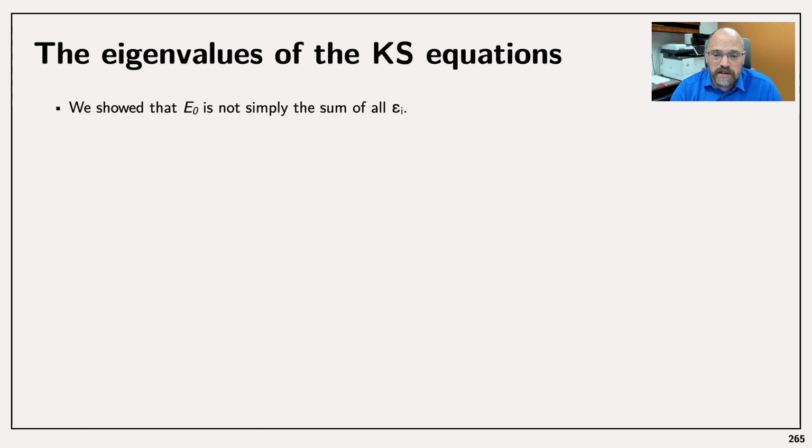You would need to go back to a previous slide, one of the slides with the most equations, and the result was shown at the bottom in a red box, where we were showing that the energy of the ground state, the functional in fact, is indeed given by the sum of the energies of the occupied Kohn-Sham states, but also a correction related to the electron-electron interaction, as well as the derivative of the exchange correlation energy.